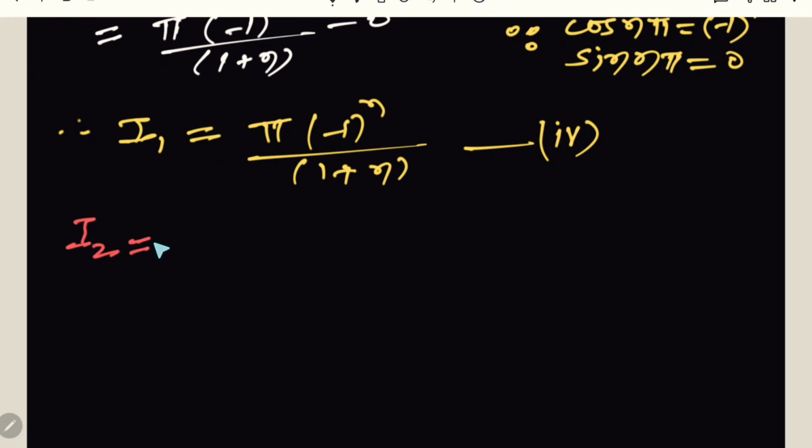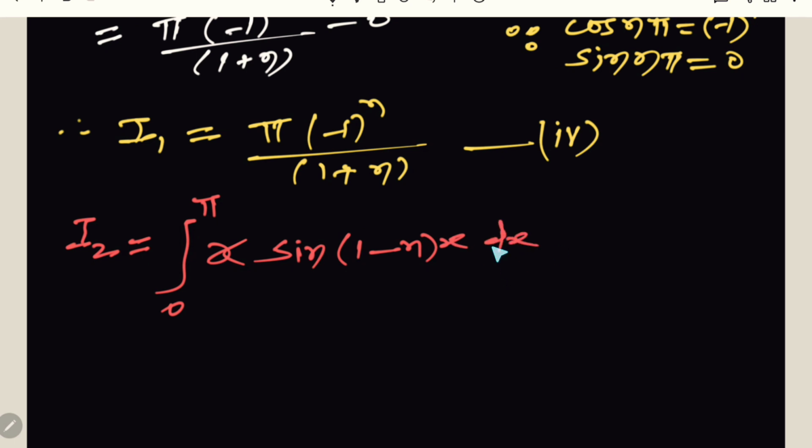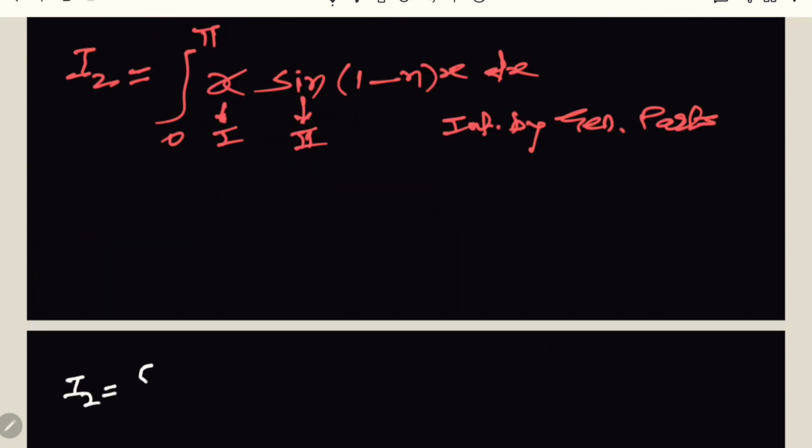Similarly, we have to obtain the value of I2. It is integration from 0 to pi x multiplied by sine of 1 minus n times x. And then again follow the same procedure, integrating it by generalized part, considering x as the first term and sine as second term. As algebraic, x must be the first and sine is trigonometric, therefore it must be the second.